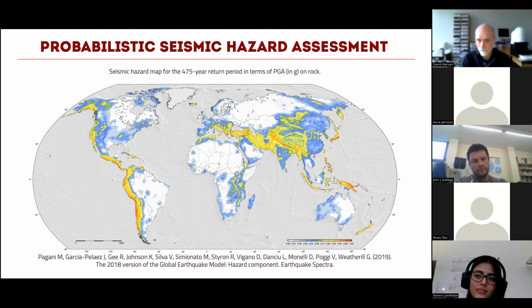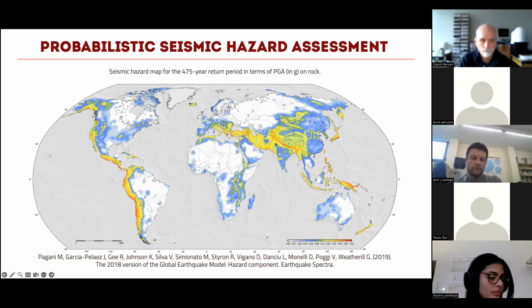If the building is supposed to survive 50 years, let's make sure we design for a probability that has at least a 10% probability of being exceeded in 50 years. In other parts of the world, this is not the level of frequency that is used. In other parts of the world, it's actually 2% in 50 years. But the 10% in 50 years, or the 475 years, is very common and very useful to compare the seismic hazard between different countries.